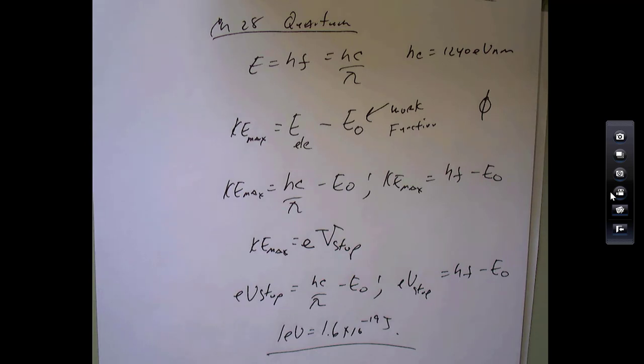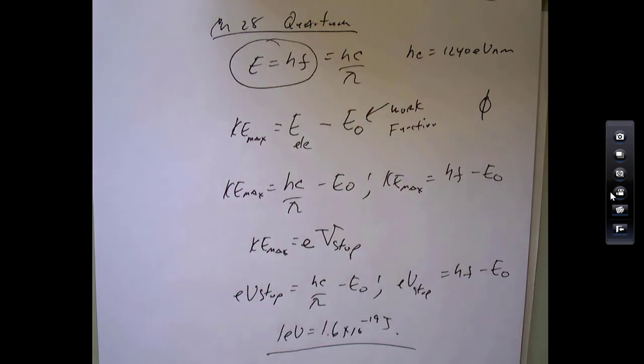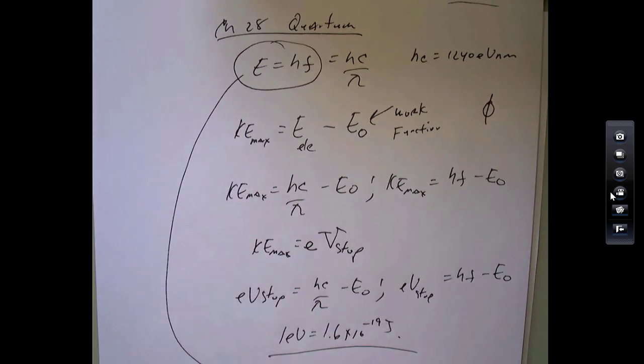The other thing about Chapter 28: we looked at the energy that a photon has. That's just for one photon. If one photon has that much energy, what if you have a whole collection of photons? This was on the third test and third practice test.